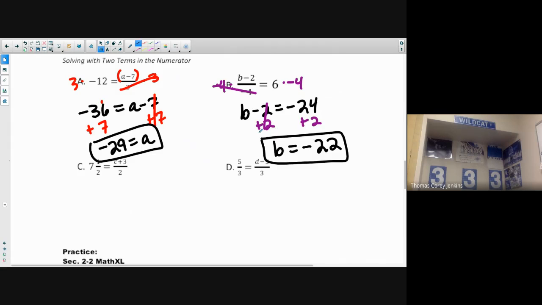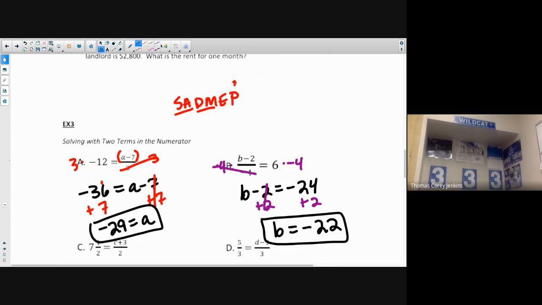All right, if you ever forgot, another approach to this problem, if you thought about our 1-7 lesson, is just a side note. Remember that b minus 2 over negative 4 can also be written as b over -4 minus 2 over -4.